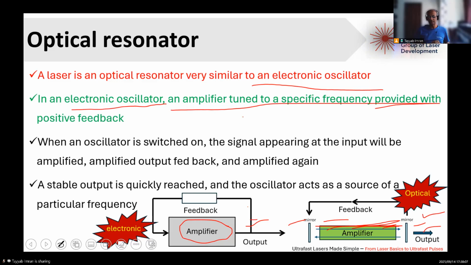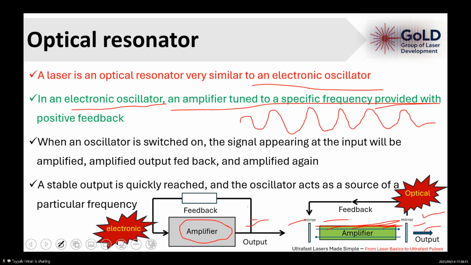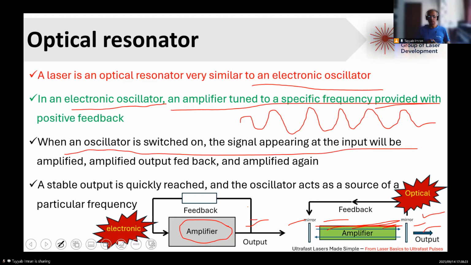It will never stop until you turn off the feedback system. You can see what is written here: when you turn on the oscillator, the signal appears at the input of the amplifier, is amplified at the output, and is amplified again. When you turn on this kind of system, in the beginning it's a bit unstable, but with the passage of time it becomes stable.